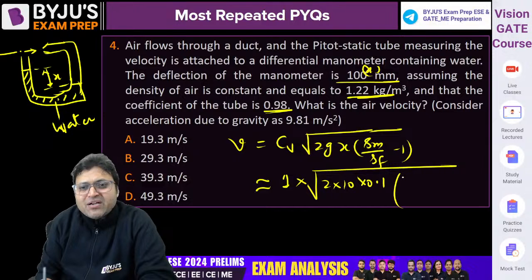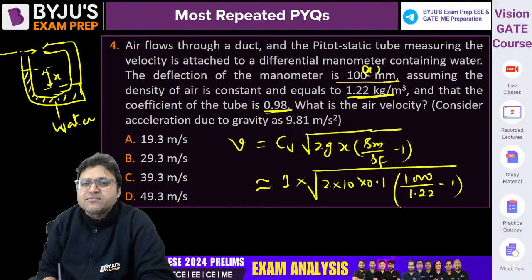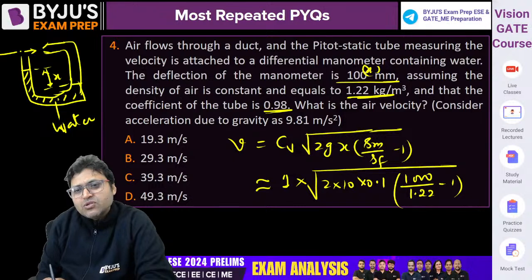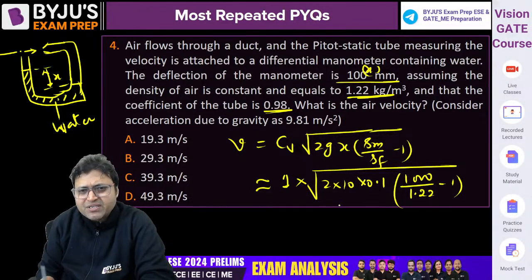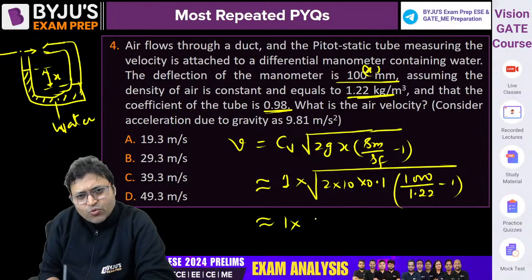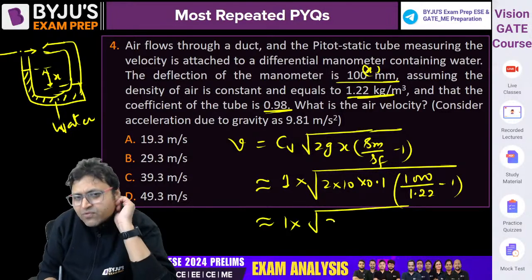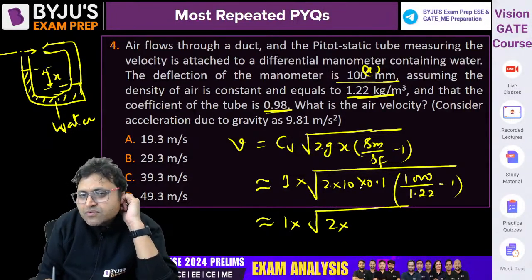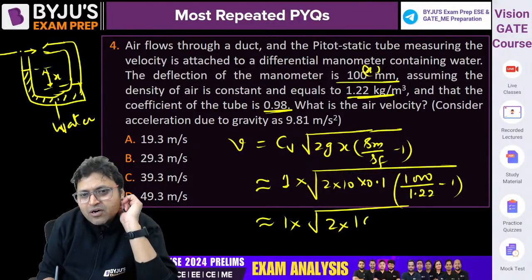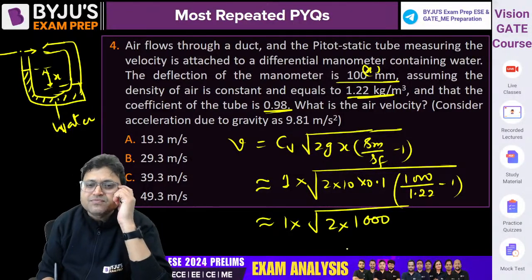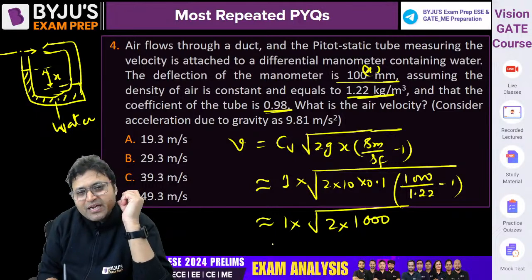Specific gravity of manometric fluid is 1000 upon 1.22 minus 1. So it is 1000 minus 1, 999. It is almost 1000. So 1 into under root of 2 into 10 into 0.1 is 1 into around 1000.